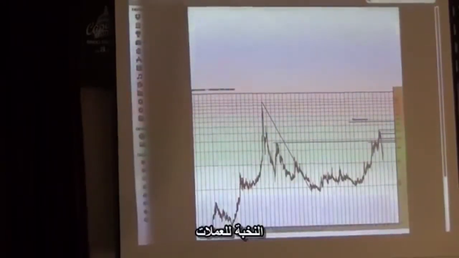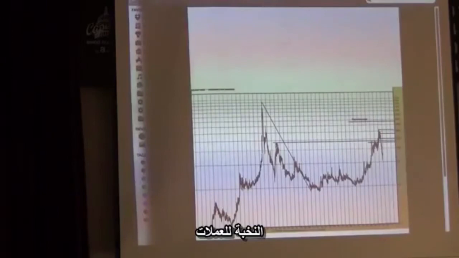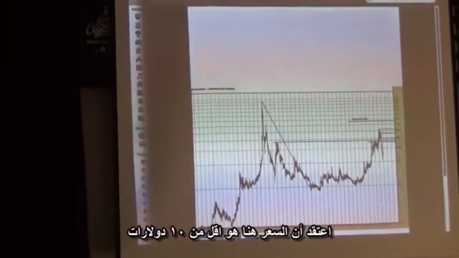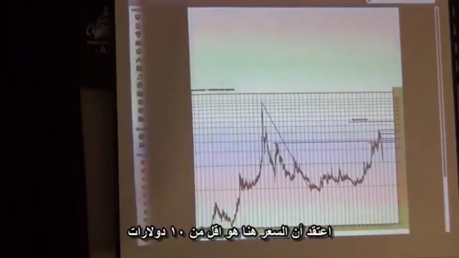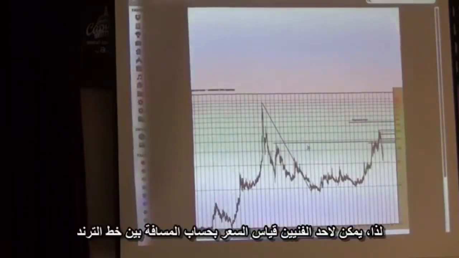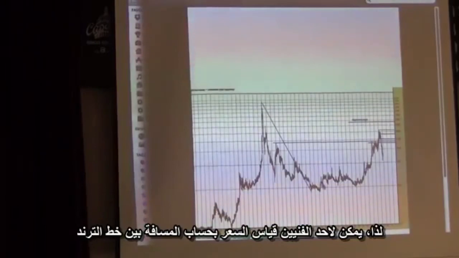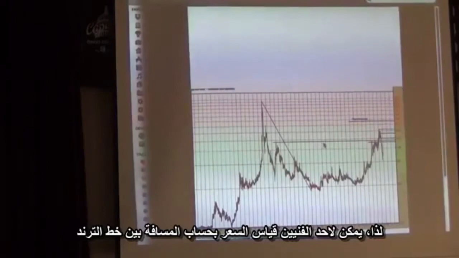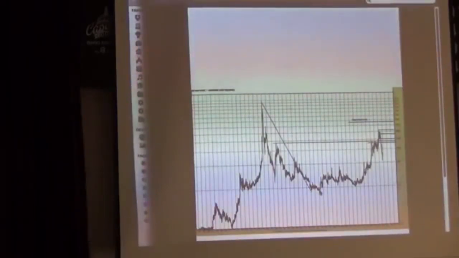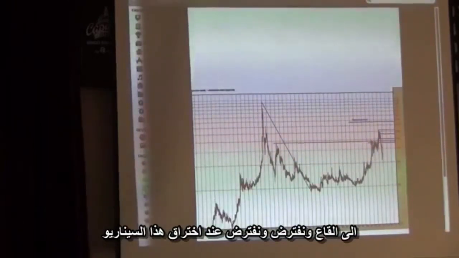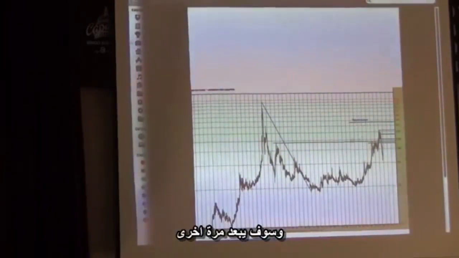And the implications, let's see, I think the prices here were less than $10. One of the technicians' measuring points is to take the distance from this line to the bottom and assume that when this issue breaks out, it will go this distance again.